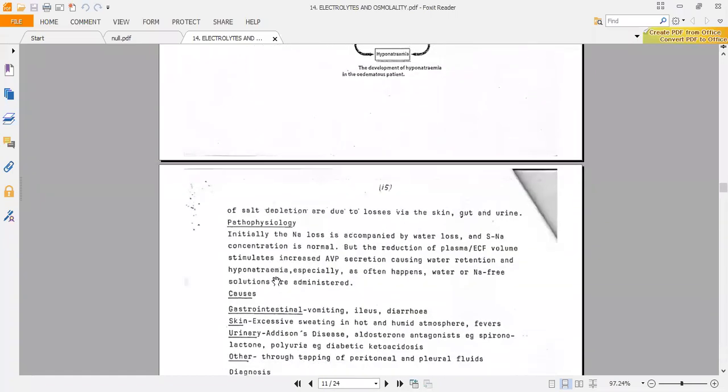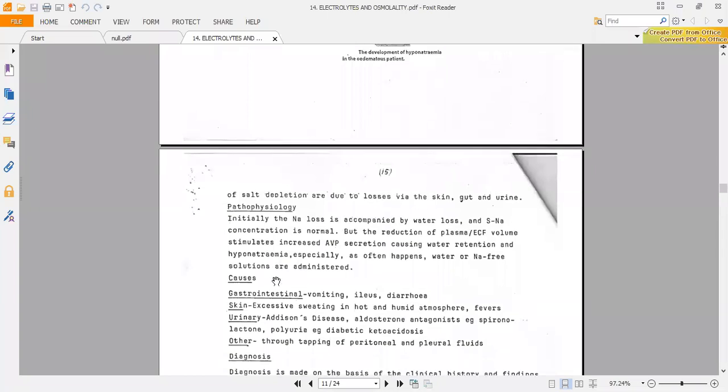Good. So now, how can we lose sodium? The commonest way of losing sodium is through the kidneys. You can lose sodium through the kidneys, through the GIT, and also through the skin.